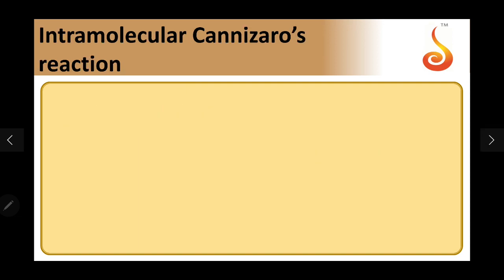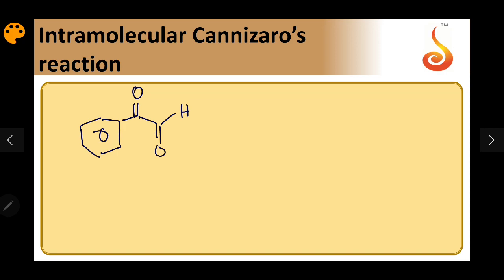Even Cannizzaro reaction can happen intramolecularly. Suppose I have a molecule like this, benzene ring, CO, CHO. The minimum condition for intramolecular Cannizzaro reaction is that there should be two carbonyl groups, out of which one of them should be an aldehyde, and both carbonyl groups should not have alpha hydrogen atoms.